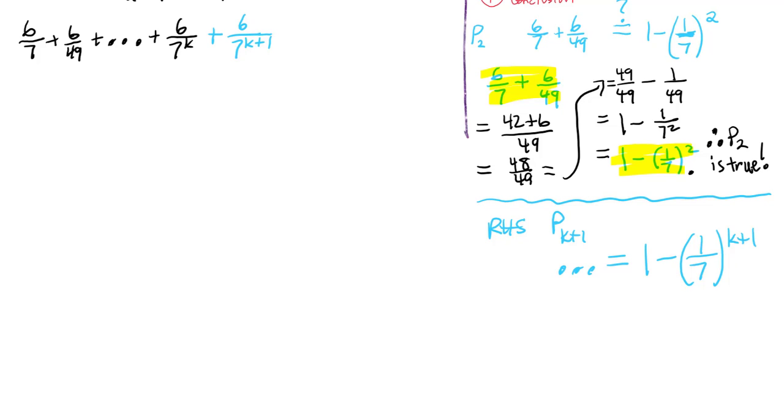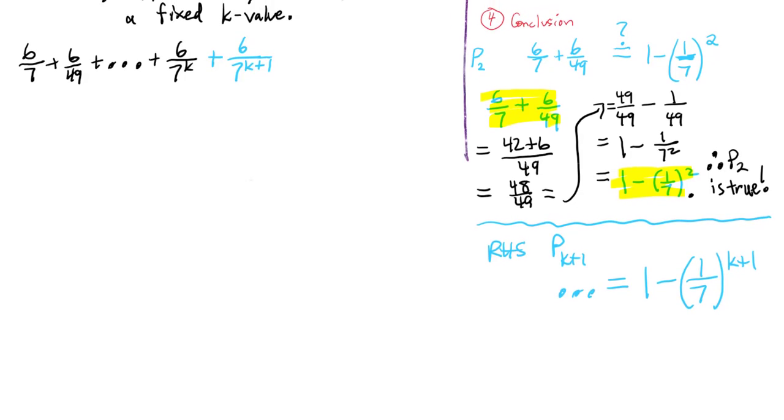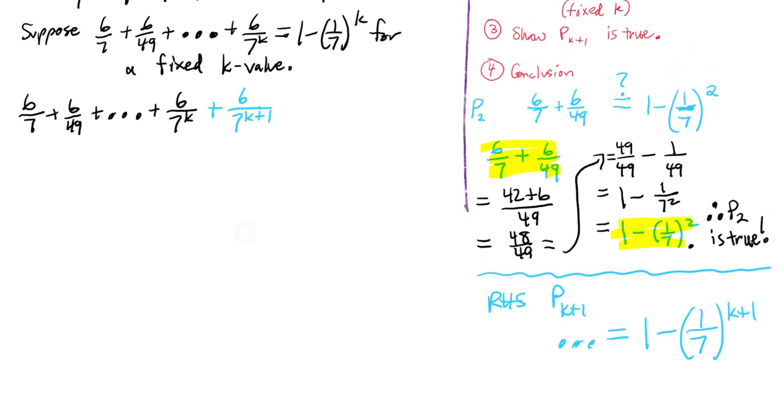Well, how do we do that? We're going to use our hypothesis that we stated in the previous step. What was our hypothesis again? There it is. So we're going to substitute that. This is now equal to 1 minus 1/7 raised to the k power. And we still have what? Plus 6/7 raised to the k plus 1.